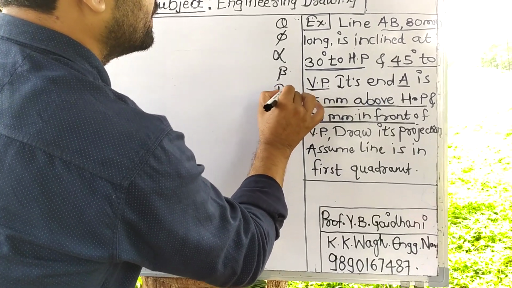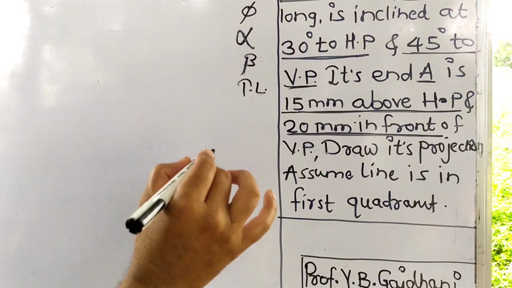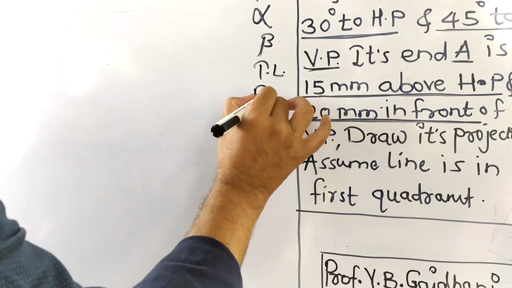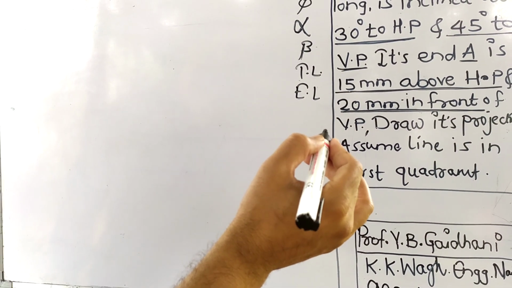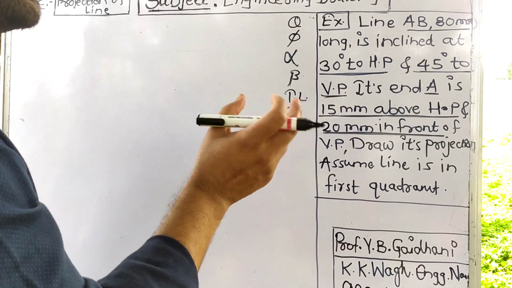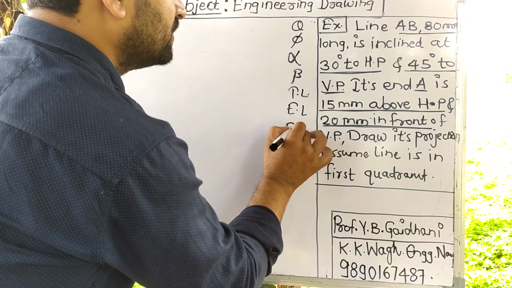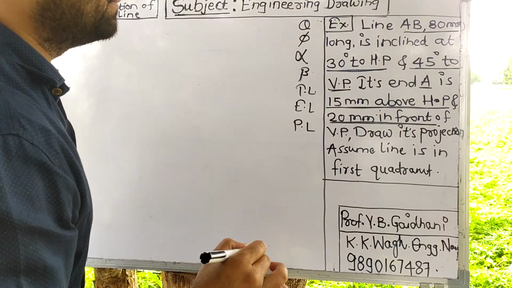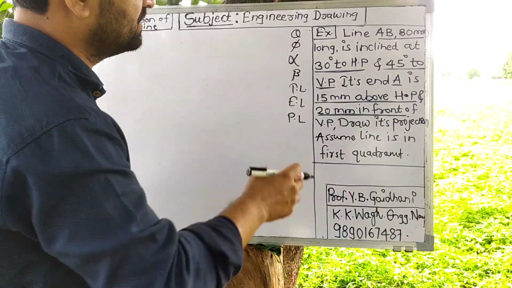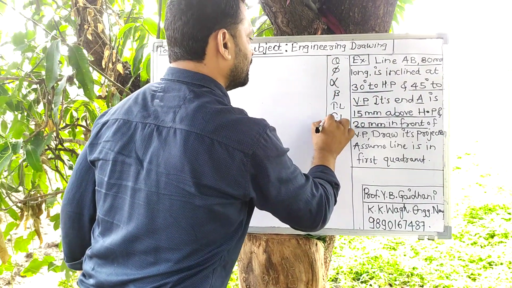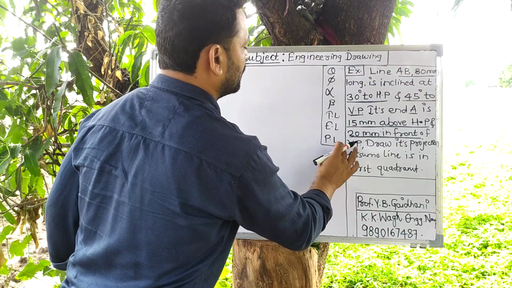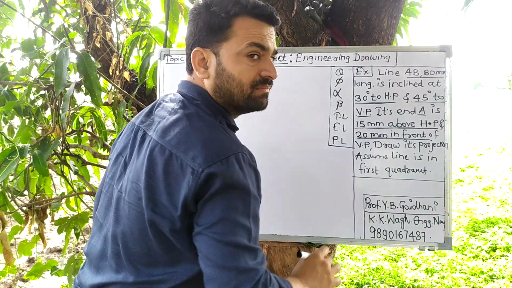TL is the true length of the line. EL is the elevated length of the line, meaning the length of the line apparent in the front view. PL is the plan length of the line, then locus of the point. These are some basic important points that we are going to use in solving the problem.